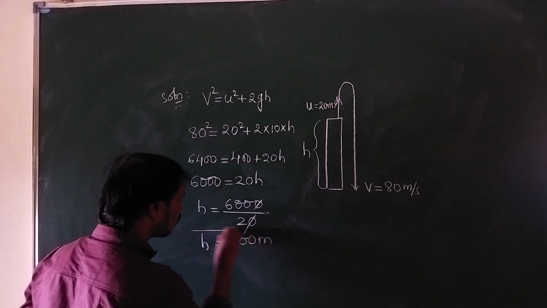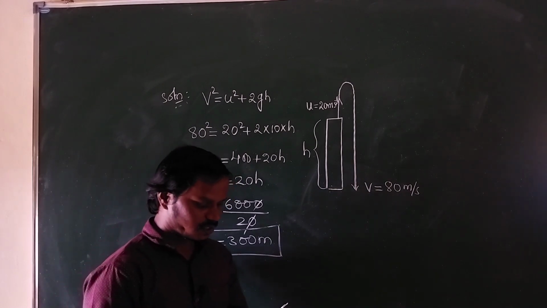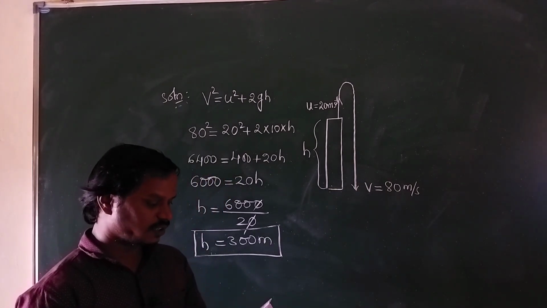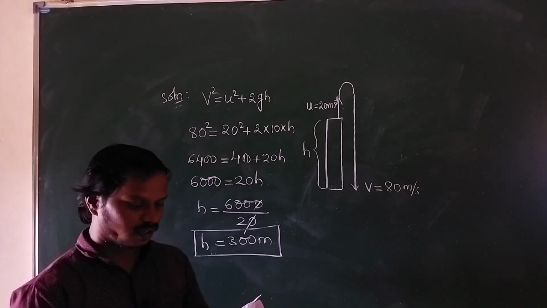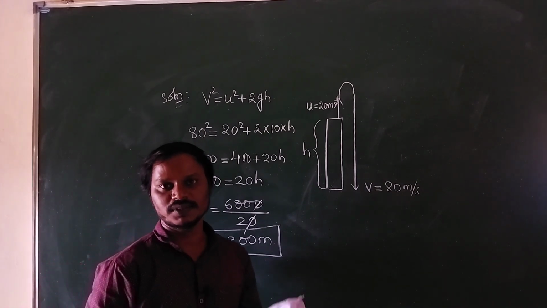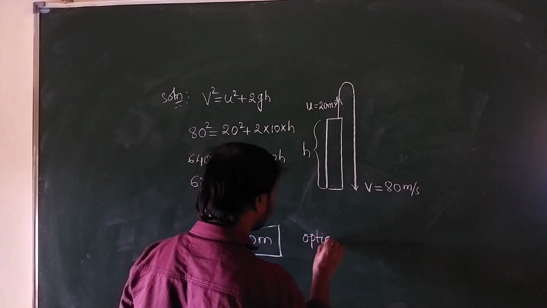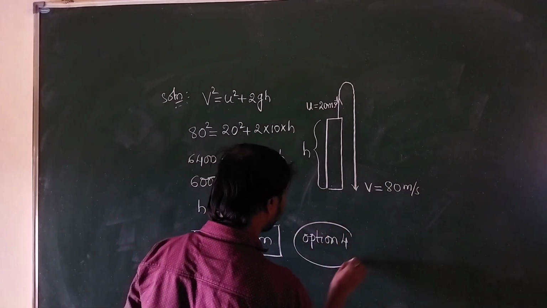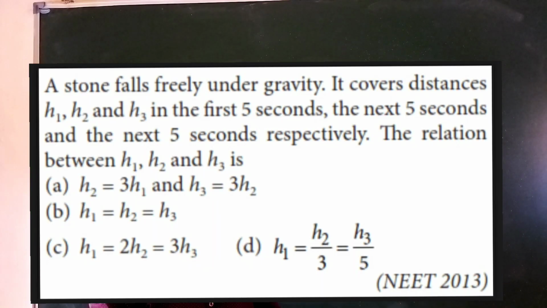The height of the tower is 300 meter. Options: first option 360 meter, second option 340 meter, third option 320 meter, and last option 300 meter. So option 4, or option D, is correct.